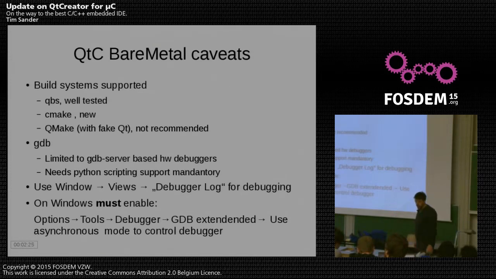So if you have problems, it's a good idea to post that with your problem description. On Windows, there's currently a bug that you must use the asynchronous mode to control the debugger. But it's a good idea to enable this feature anyway, because it's, in my opinion, the better way to interact with the debugger.